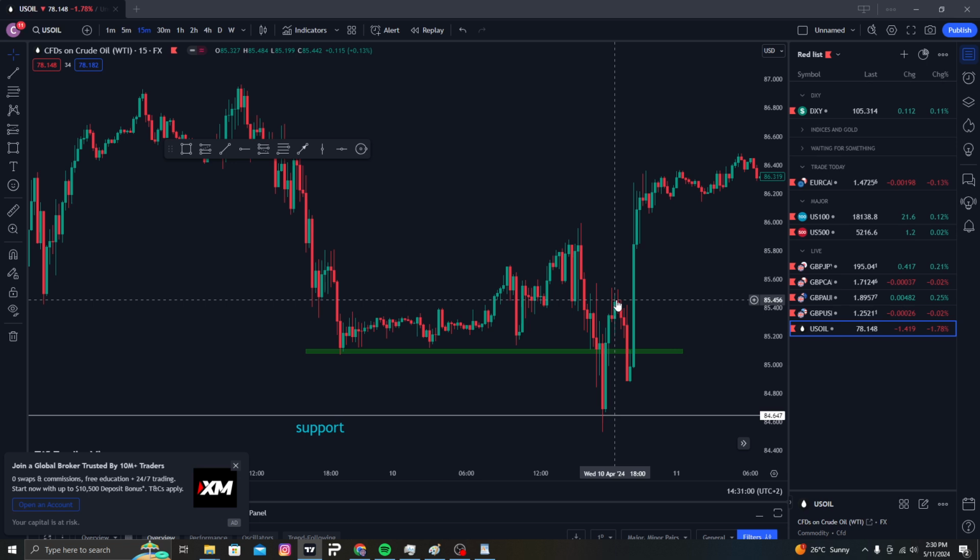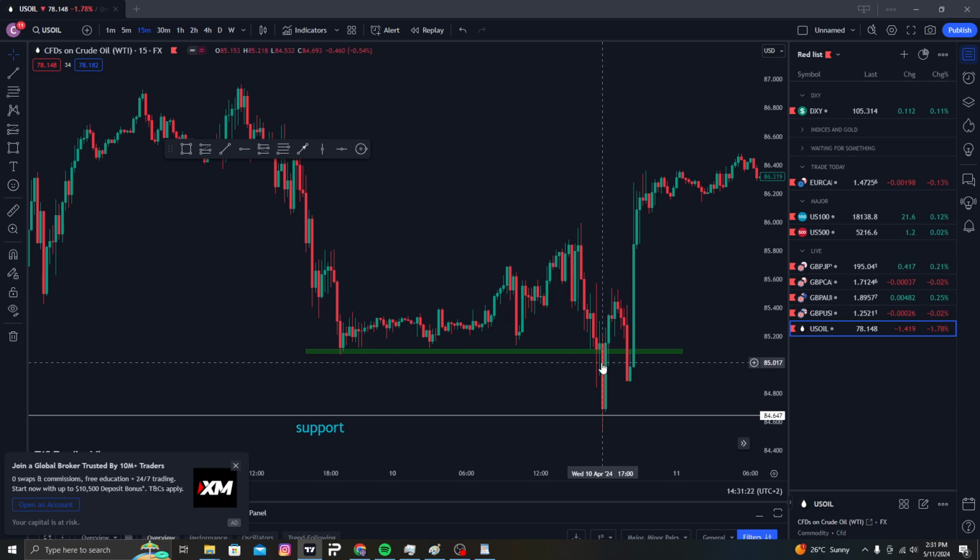Okay, I see what is happening. The second confirmation that I most of the time look at: I have to wait for a retest. That's how I trade. It broke the level, but I have to wait for a retest to be sure. Retest is basically price going back down to test the strength of that level.